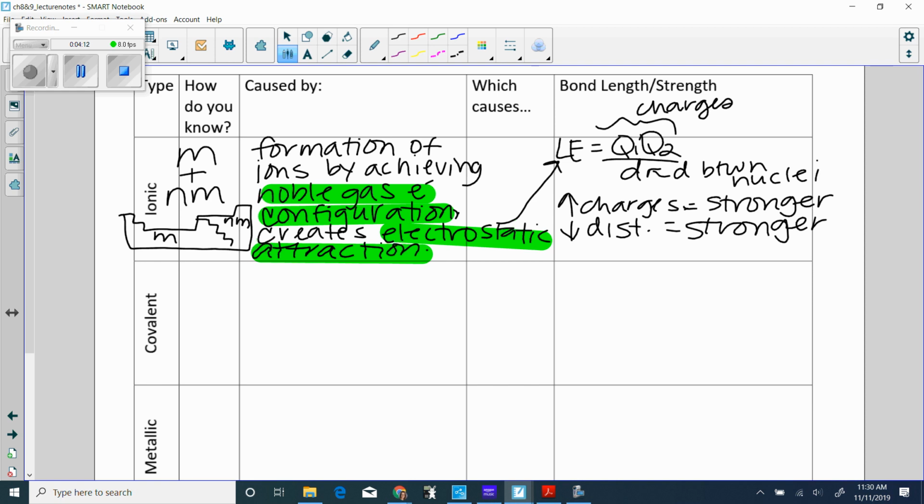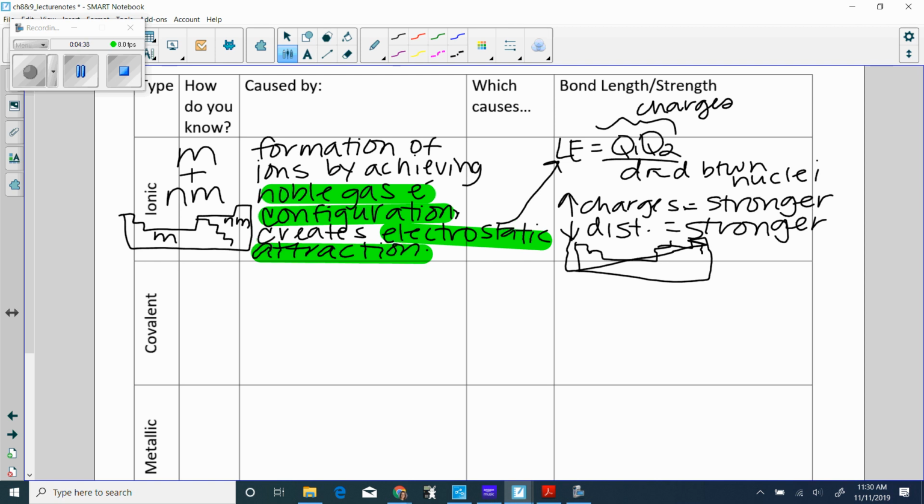So how do you know what the distance is? This is not size as in mass. This has nothing to do with molar mass. I don't look at something and say, oh, it weighs more, so it must be bigger. That's actually not necessarily true. There's a trend on the periodic table. The trend is up and to the right.